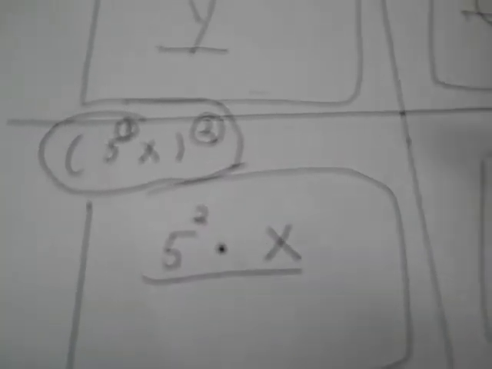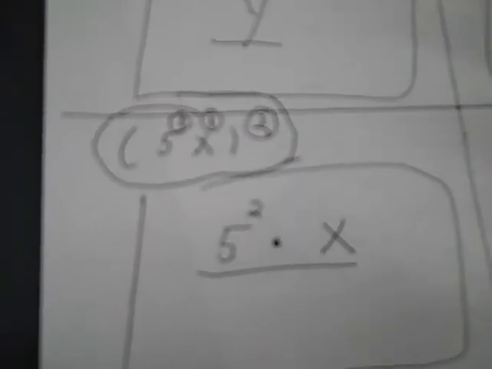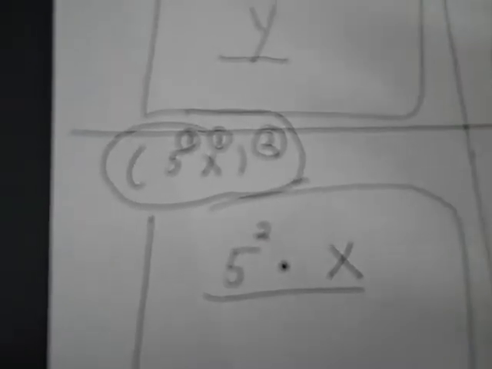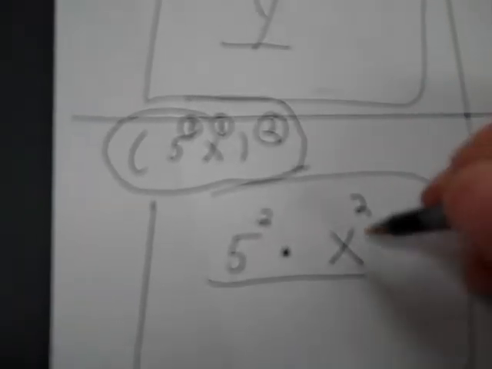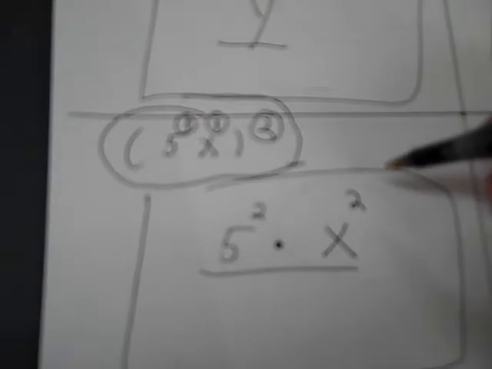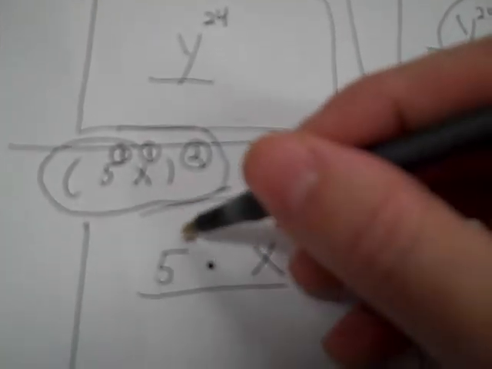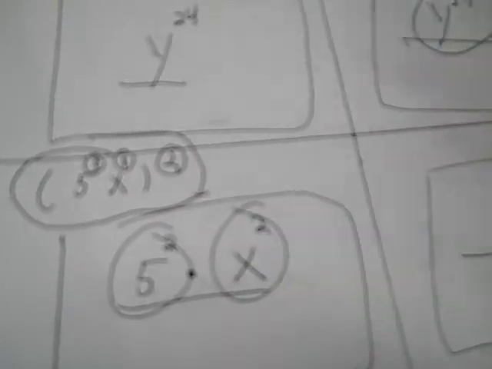That's the only 5 I have, so let's move on to the x. Here's the only x I have. It has no direct power, so I put a 1. But again, that's in a parentheses. So I take 1 times 2. So 1 times 2 is 2. And that's the only x I have, so I don't need to add to that exponent. Okay, now we have 2 things here, 5 to the 2nd and x to the 2nd.